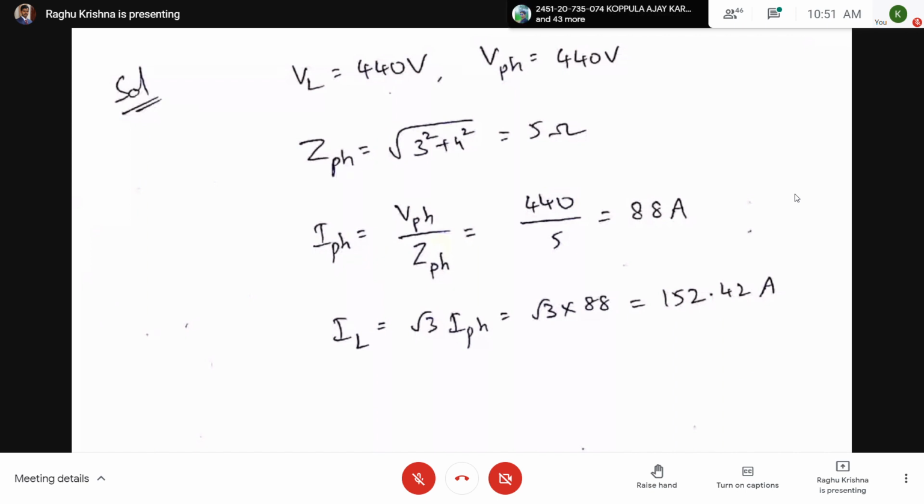Whereas if you supply 3-phase power using a 3-phase supply, you require only 4 wires. So we reduce the amount of copper by reducing the number of lines. Next, one important point is that voltage regulation is better in 3-phase power. In a 3-phase supply, voltage regulation will be better. That's why wherever you see 11 kV, we apply the power at 3-phase.